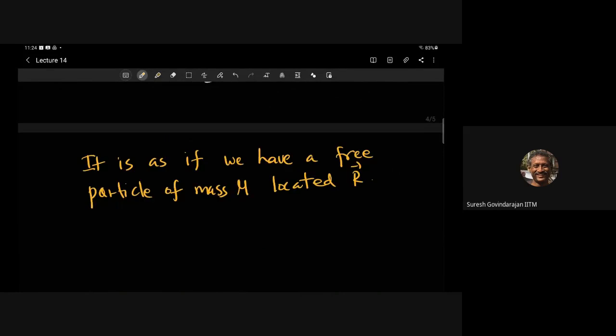So that happens, okay. So first thing is this is what L center of mass says, and this just follows from L center of mass.